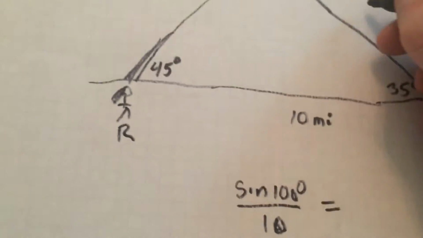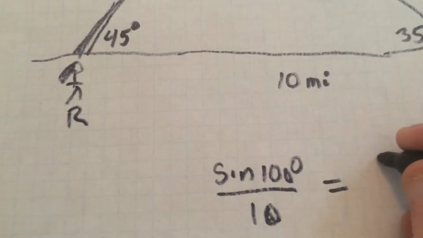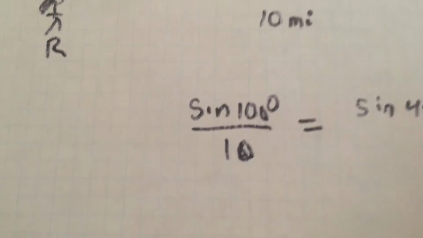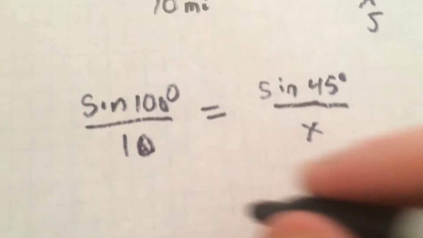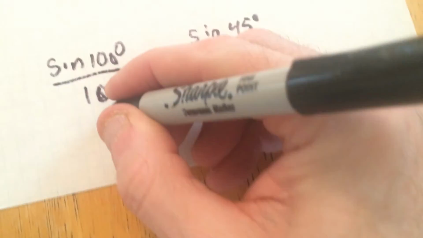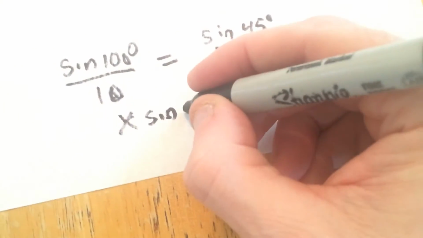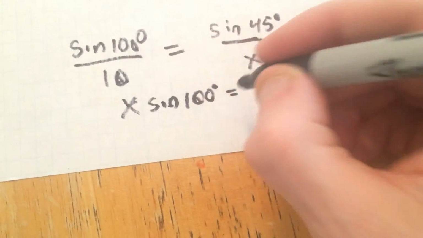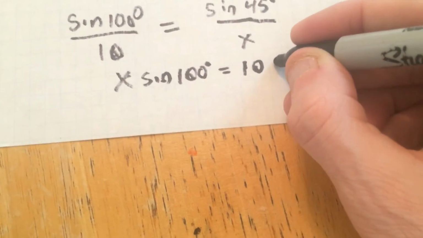is equal to, and we're looking for the distance from the ship to Juan, so we're going to call that x. So the angle opposite the x is 45 degrees. So we're going to do sine of 45 degrees over x. So once again, we're going to cross multiply. x sine of 100 is equal to 10 sine of 45.